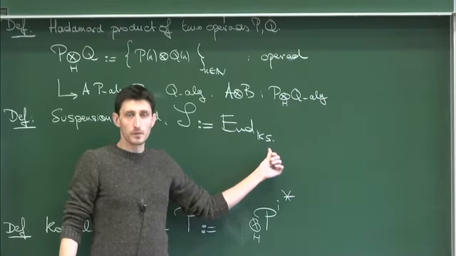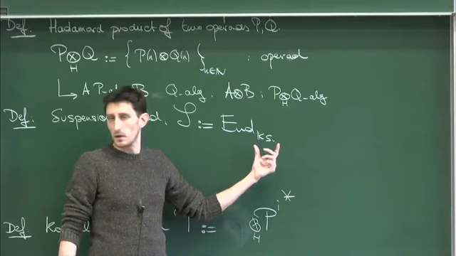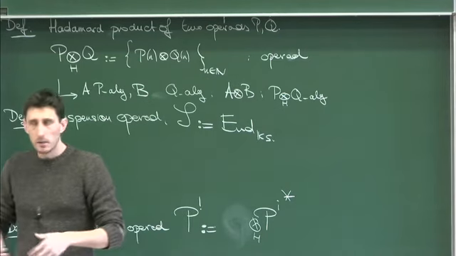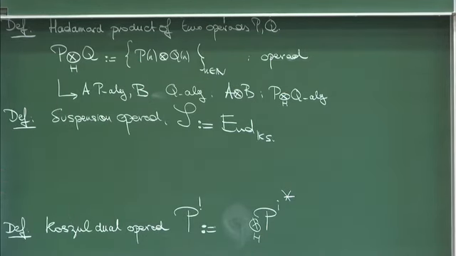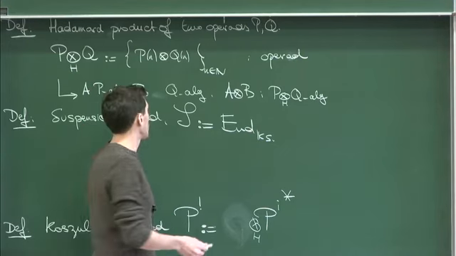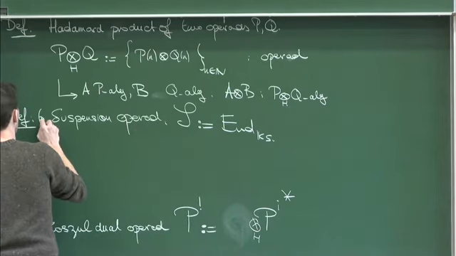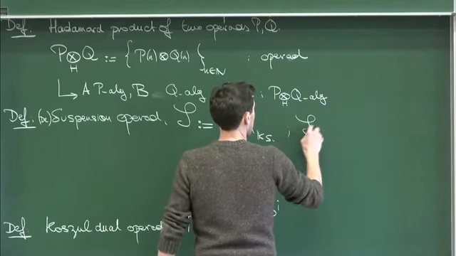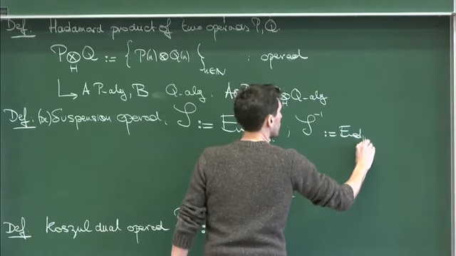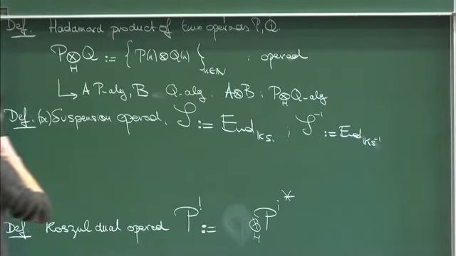You look at all the multilinear maps from n copies of this to this. In any arity n, this guy is one-dimensional. How many n-multilinear maps do you have? Just one. So this is the suspension operad, and I will also consider the desuspension operad, which is the same thing, but reversing the degree.